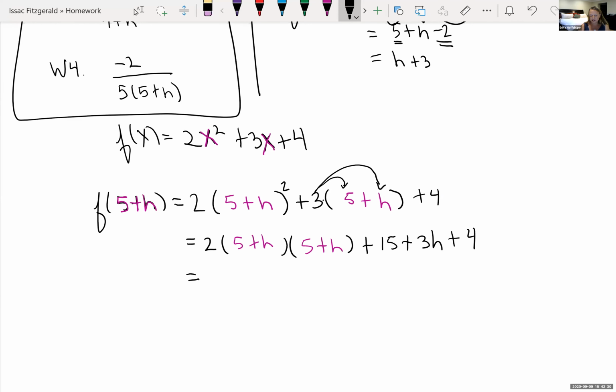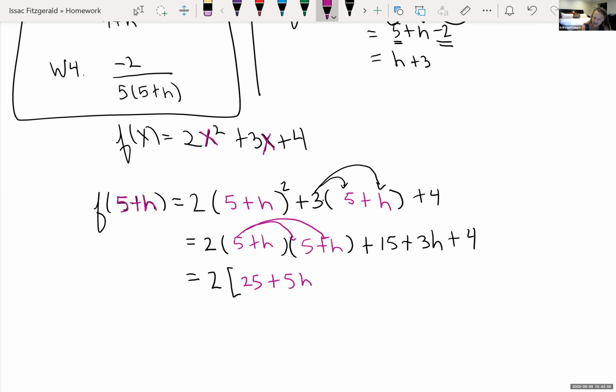I can either distribute this 2 first into one of the parentheses, or I can leave this 2 out here for now. So if I distribute the 5 to each term in the second parentheses, I have 5 times 5 is 25, plus 5 times h is 5h.